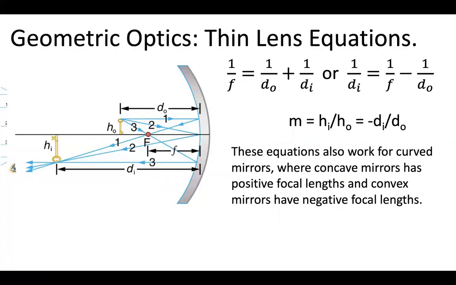So this particular expression is very useful. It's very general. And as long as you can keep track of when the focal length is positive and negative, or when the image distance is positive or negative, you can use it in a variety of different contexts.